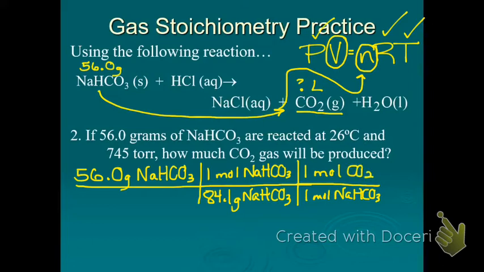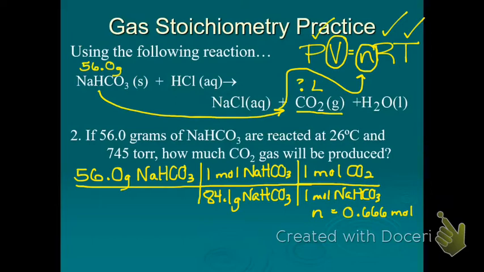Okay, so I'm going to plug that into my calculator. 56 divided by 84.1. Okay, so I'm going to run out of room here. The number of moles of carbon dioxide, and I'm not going to round my answer too much because this is not my final answer. And I swear I did not do this on purpose. 666 moles.